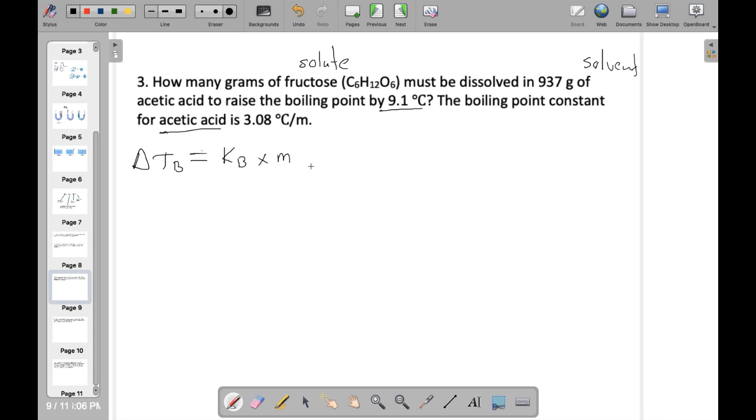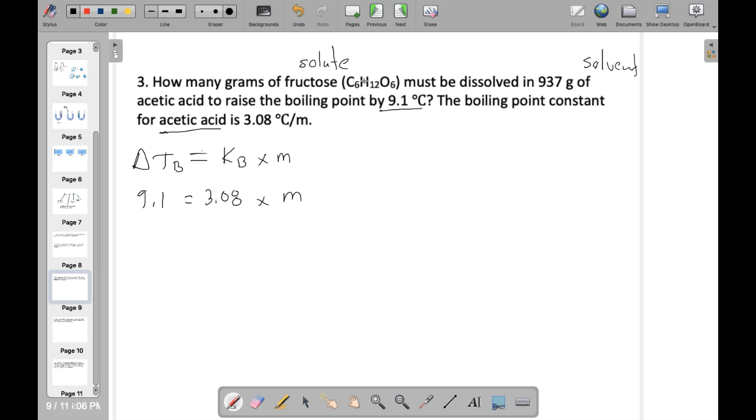Yet again, I'm not going to write out Van't Hoff's factor. Why is that? Because if I add this to the acid, it will not dissociate. They're already giving us the boiling point elevation, 9.1, equals the constant, 3.08, times the molality.